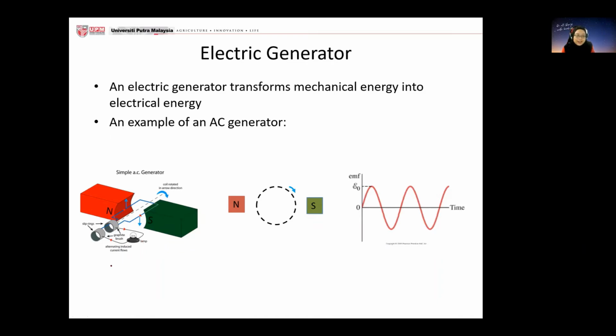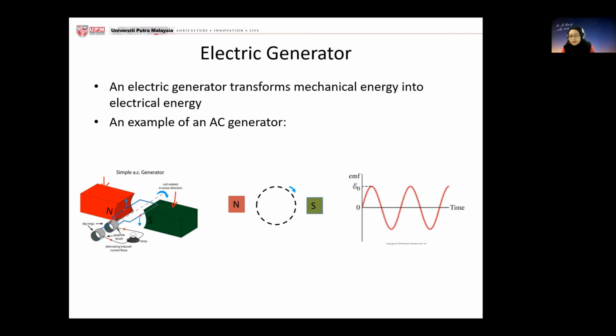If you look at this example, this is actually an example of an AC generator. In an AC generator, you have your magnets here, the north and the south poles, right? And you have a loop. Imagine this is a wire.